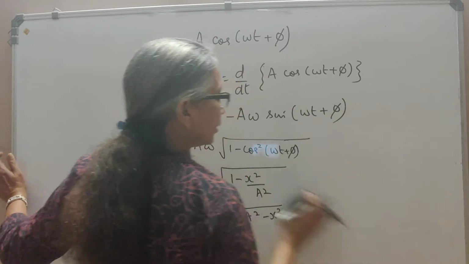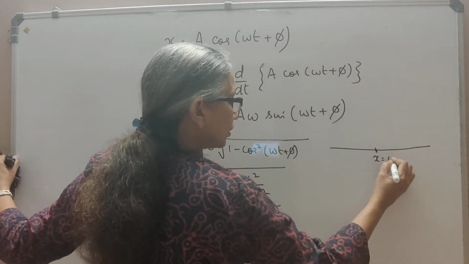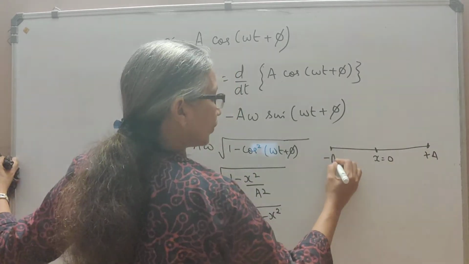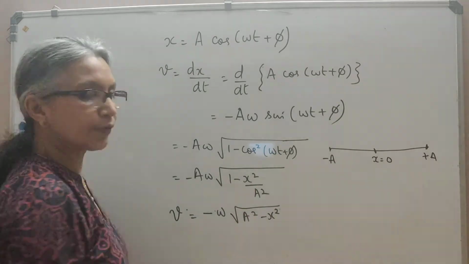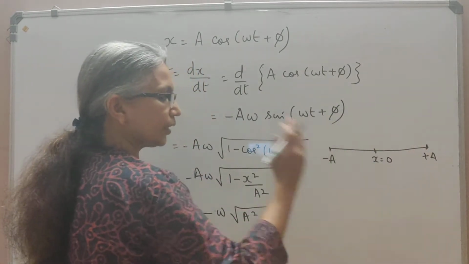This means that when your simple harmonic oscillator is at the extreme position, this is x equal to 0, this is x equal to plus a, and this is x equal to minus a. So the displacement of the particle at the extreme positions can either be plus a or minus a.